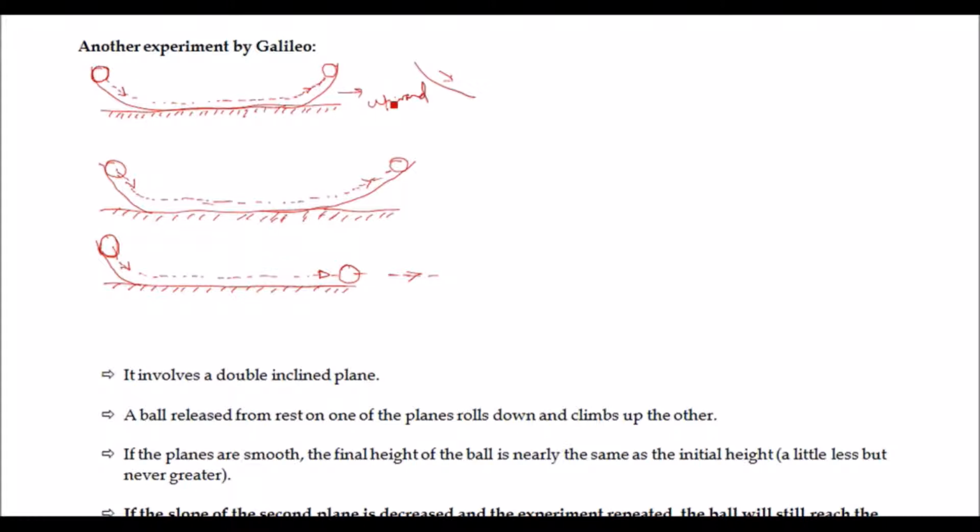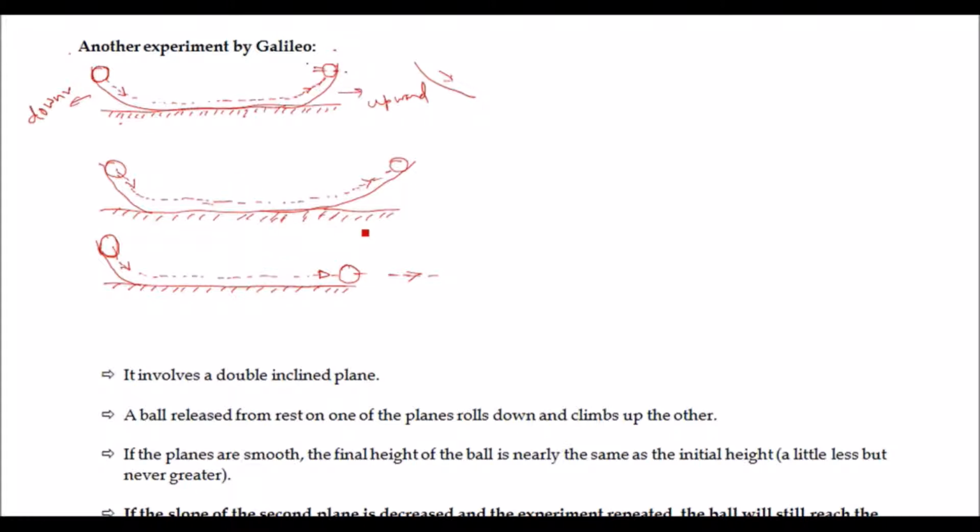So when the object moves down the downward inclination, it accelerates, and in the other case, when it moves up the inclined plane, it retards. So Galileo observed that a ball released from rest on one of the planes rolls down and climbs up the other. Here in this region it accelerates, and in this region it retards. So Galileo observed that it stops at some height.